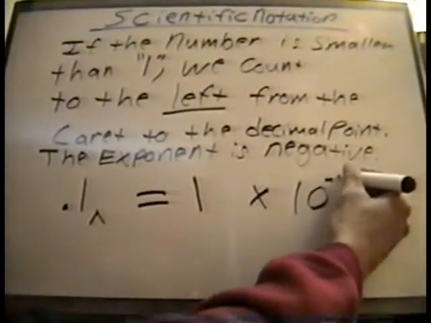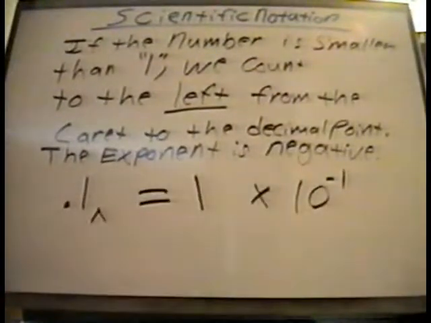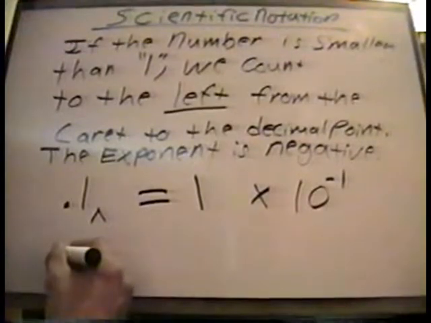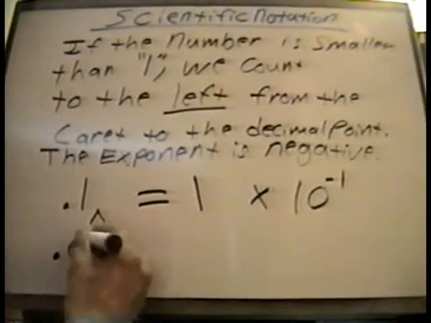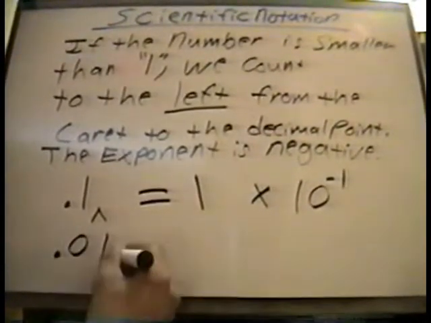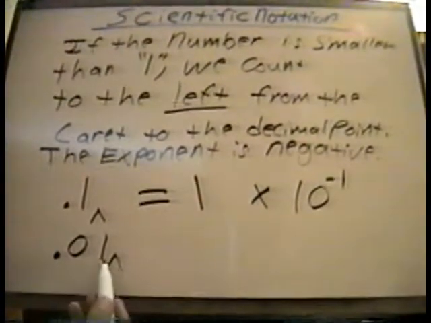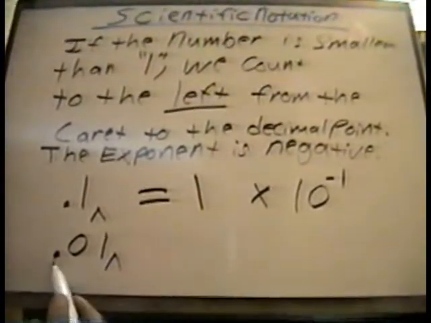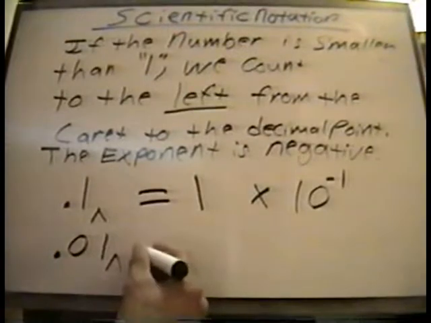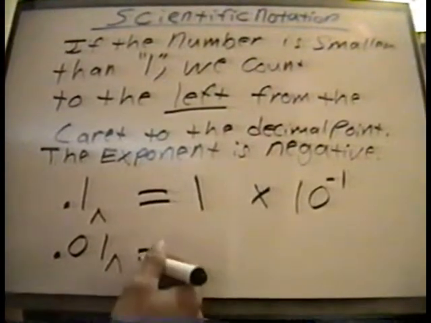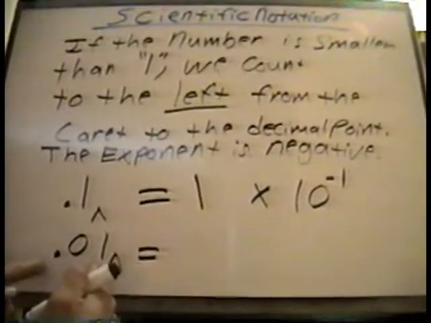Now if we had 0.01, we'll place our caret there and count the number of places between the caret and the decimal point, which is 2 places. And our decimal point is to the left of our number, so we make it 1 times 10 to the power of -2.